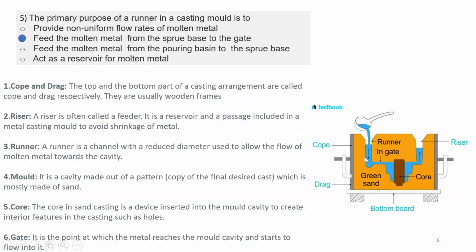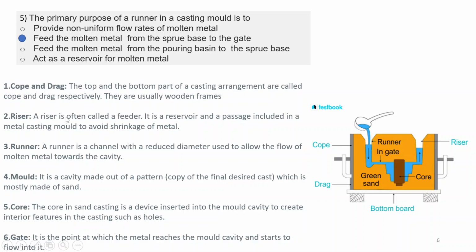So it will be connecting the sprue base to your ingate, right? So it feeds the molten metal from the sprue base to the gate. This one will be the correct answer. Feeding the molten metal from the pouring basin to the sprue base won't be correct.